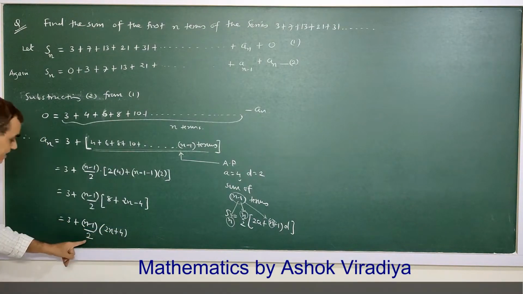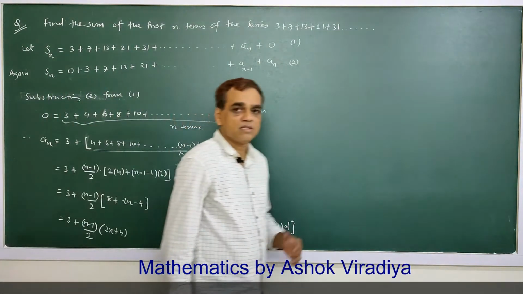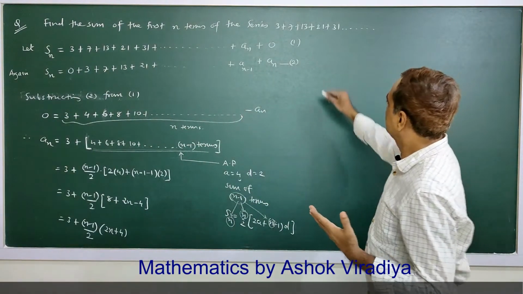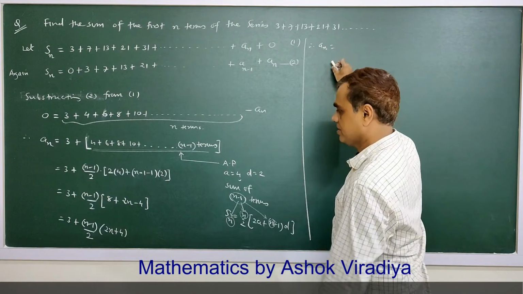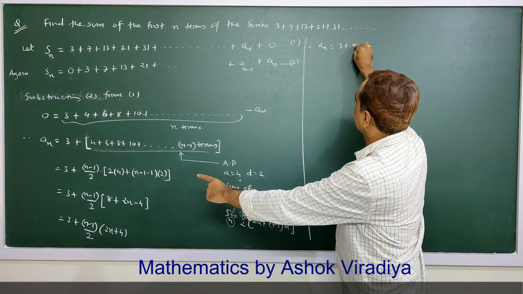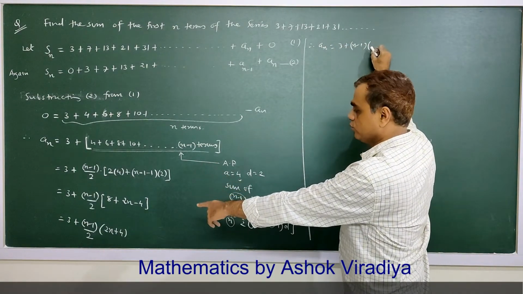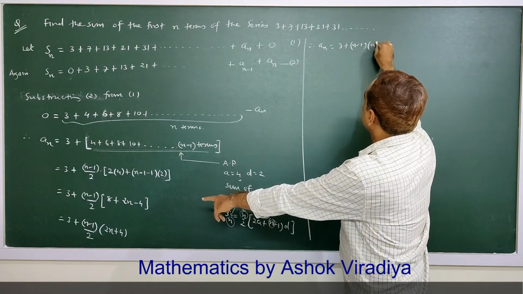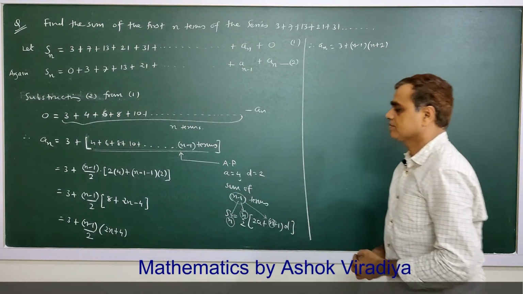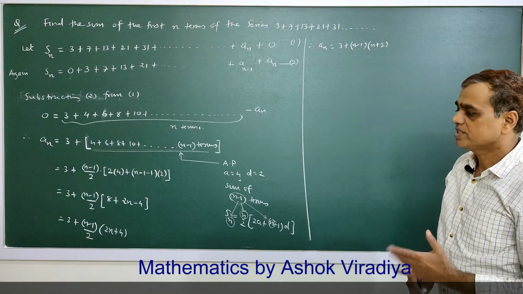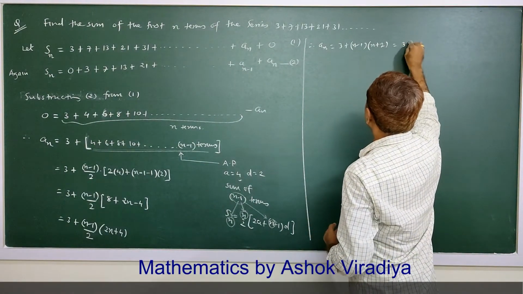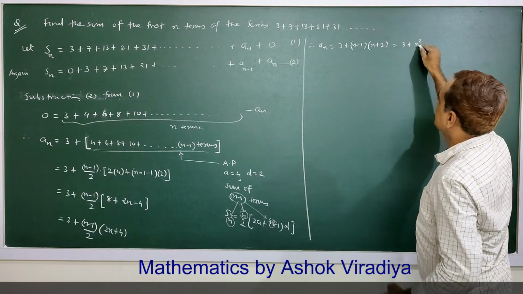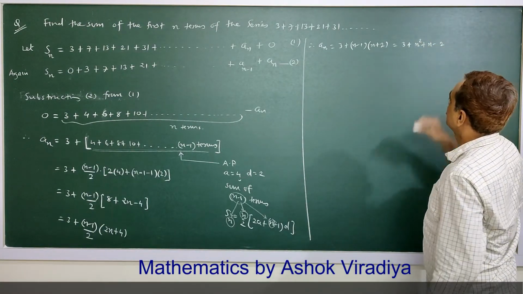Now here 2 can be cancelled. So an is, therefore, an is 3 plus n minus 1 into n plus 2. 2 is cancelled. That is, it is equal to 3 plus n square plus n minus 2.